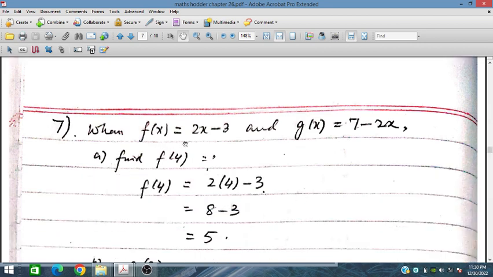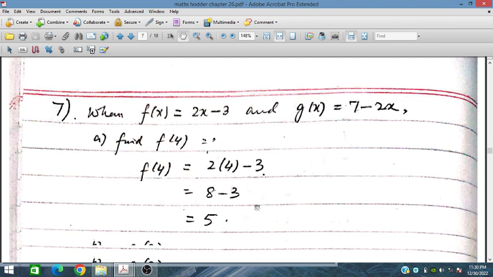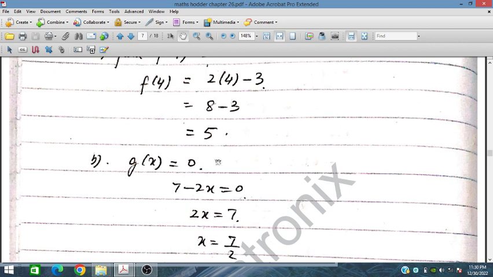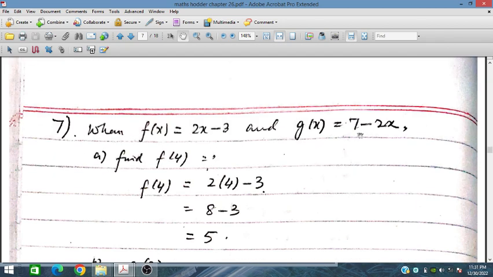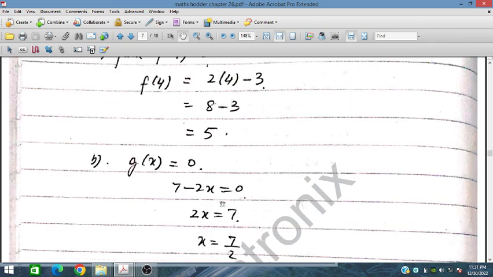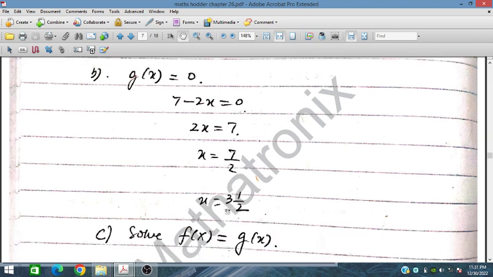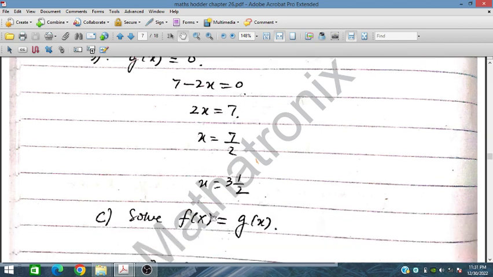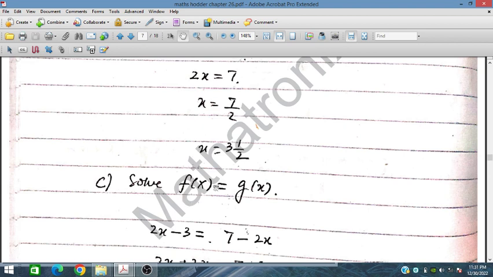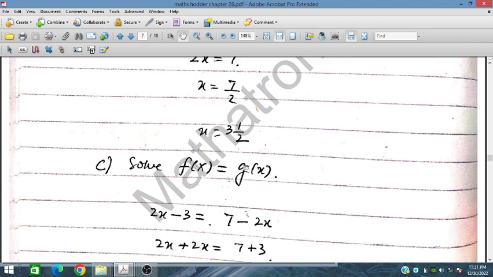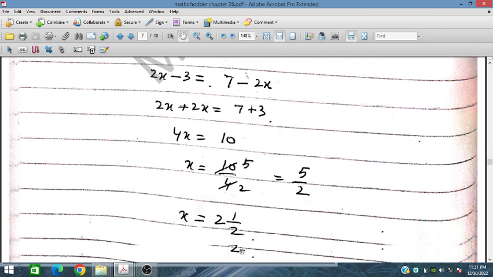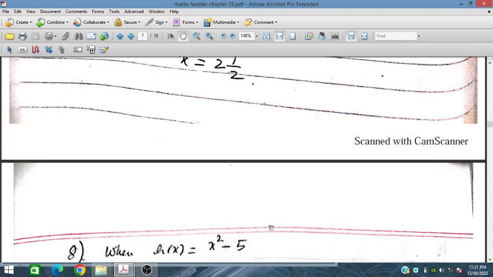And when f(x) is equal to 2x minus 3 and g(x) is equal to 7 minus 2x, find f(4). In place of x we will write 4, and we get this. g(x) equal to 0 means 7 minus 2x is equal to 0, so x is equal to 7 by 2, or 3 and a half. So f(x) equal to g(x): we write f(x) and g(x) here, and we solve to get x equal to 2.5.